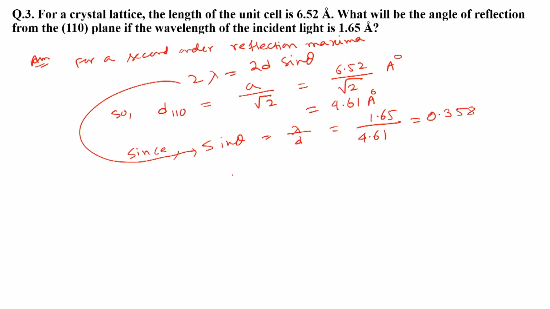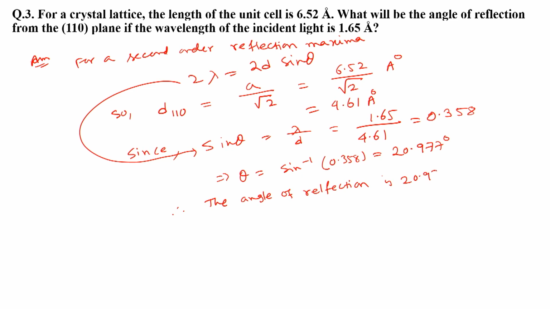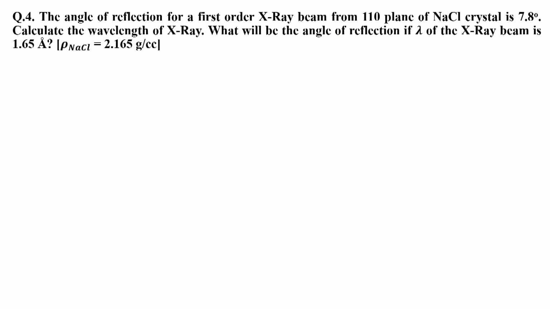So this is the value of sin theta. Therefore theta is sin inverse 0.358. So you get 20.977 degree. Therefore the angle of reflection is 20.977 degree.